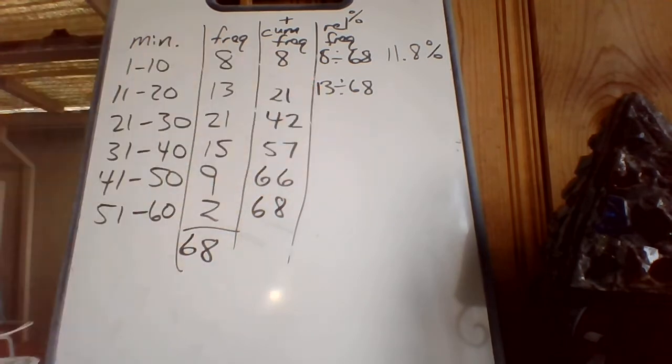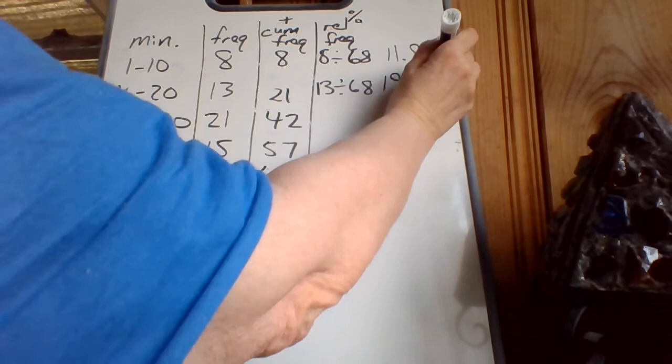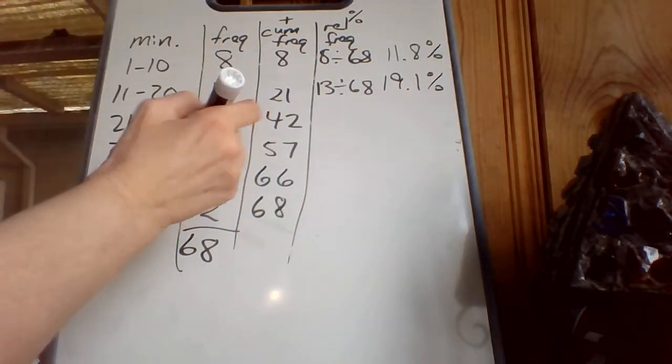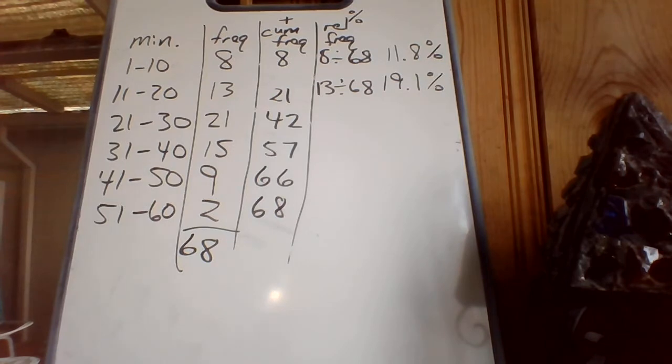Then I go 13 divided by 68. 19.11. So I'm going to call that 19.1%. And you don't need to show me the division. That's just what you're doing. So 21 divided by 68. 30.88.